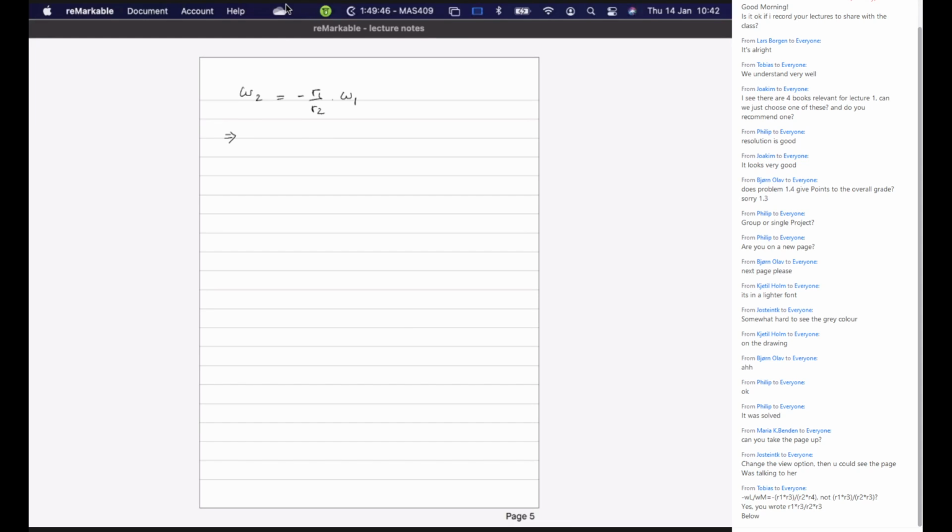So we have omega 2 equal to minus R1 divided by R2 times omega 1. So we have the previous expression, which then becomes 0 equal to R2 divided by R1 squared GM plus R3 divided by R4 squared GL, and then it's equal to minus d omega 1 dt R1 R2.